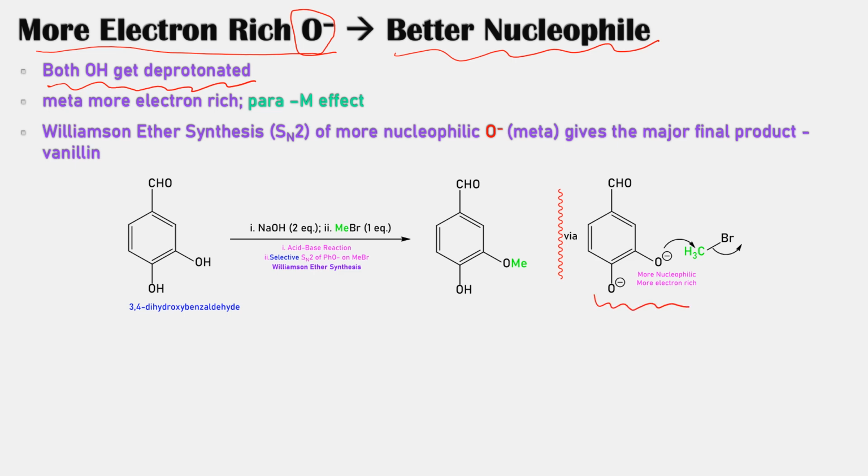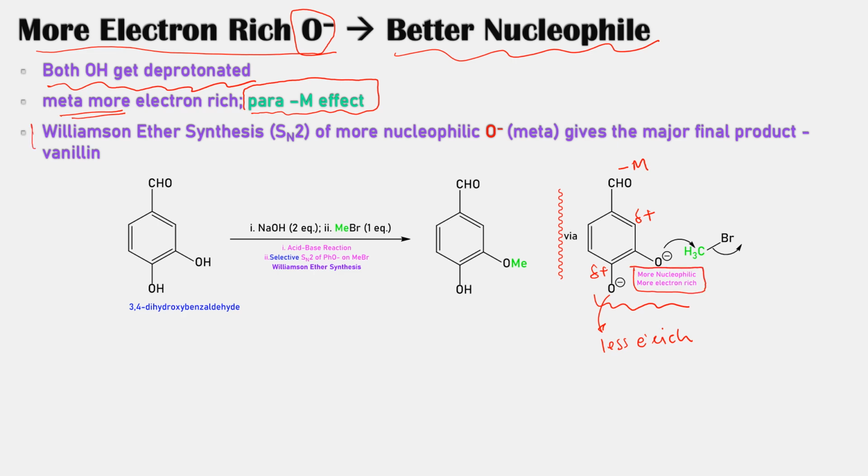We look at the electron density, and we realize that the meta oxygen is relatively more electron rich, because the para position has a -M effect, as we have written earlier. This carries a delta positive charge, so this oxygen is less electron rich. The other oxygen at the meta position is more electron rich.